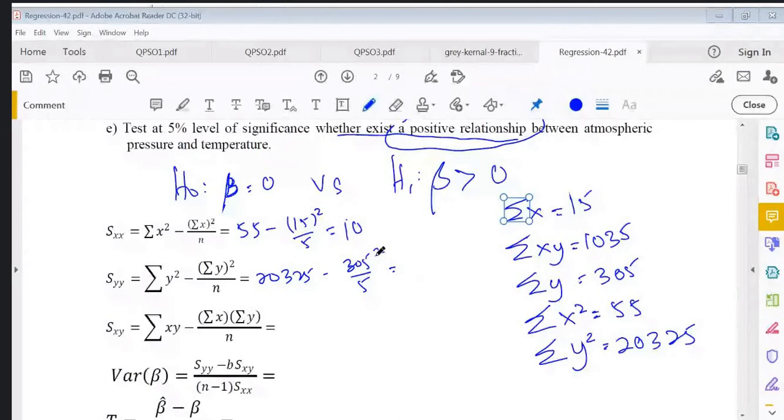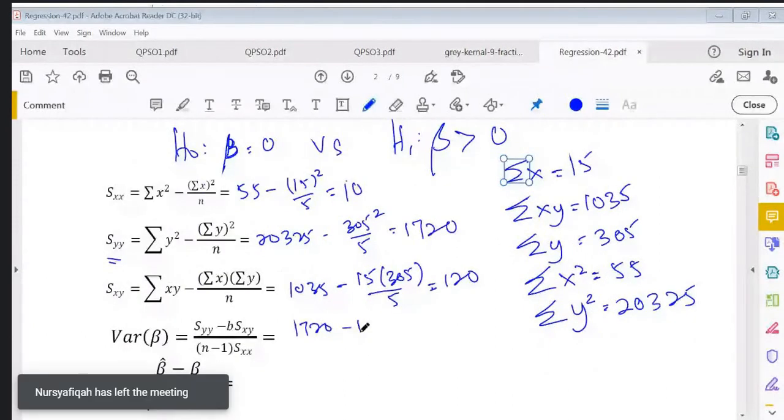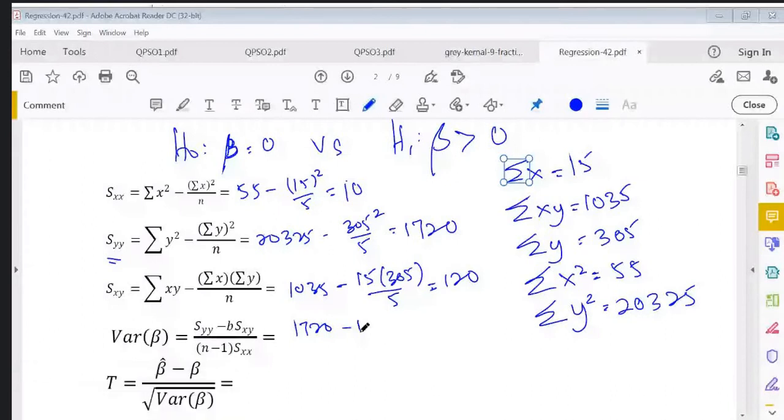After this, we can put into the variance of B. SYY is 1,720 minus B, where the value B is 120 divided by 10, times SXY 120, divided by 5. SXX is equal to 10.